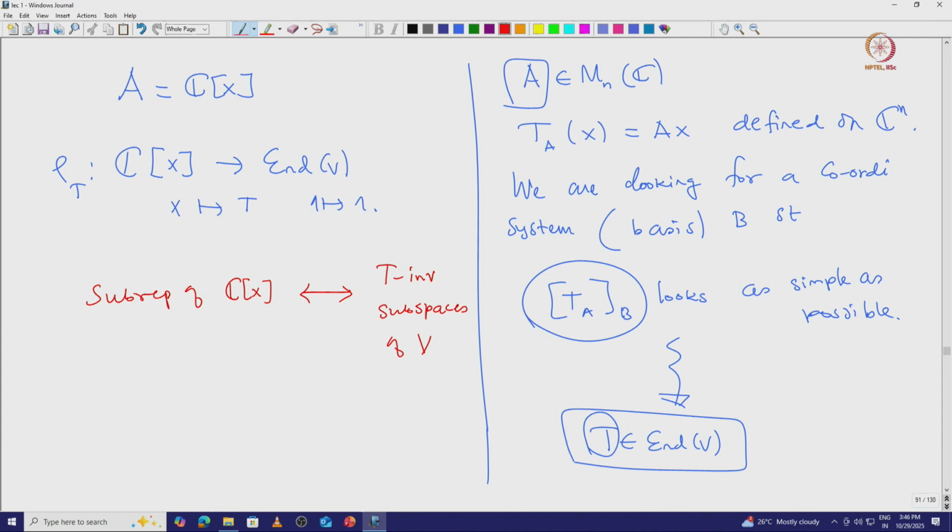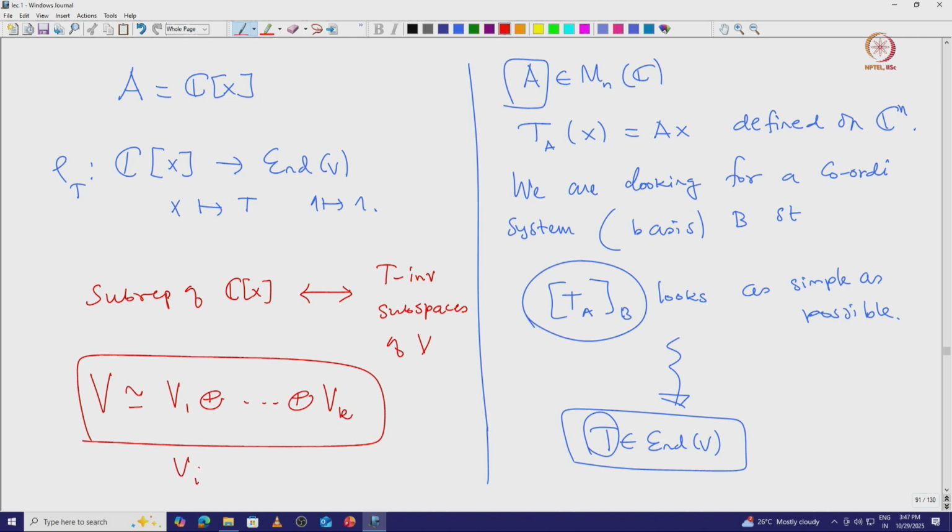Now, once we have translated like this, using the previous result, which is again written in terms of the representation language, it says that any representation can be written as a direct sum of indecomposable representations. That means this V can be written as a direct sum of indecomposable T invariant subspaces.